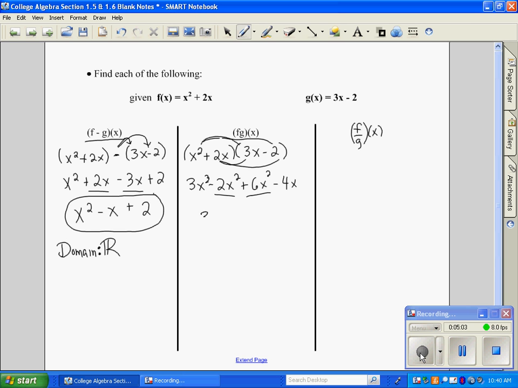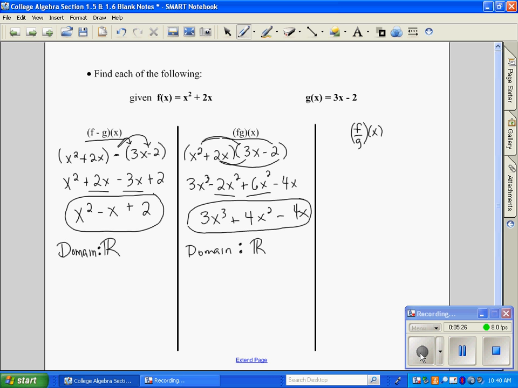Add like terms in the middle, so you get 3x to the third plus 4x squared minus 4x. And this is going to be our solution, and once again our domain is going to be all real numbers.